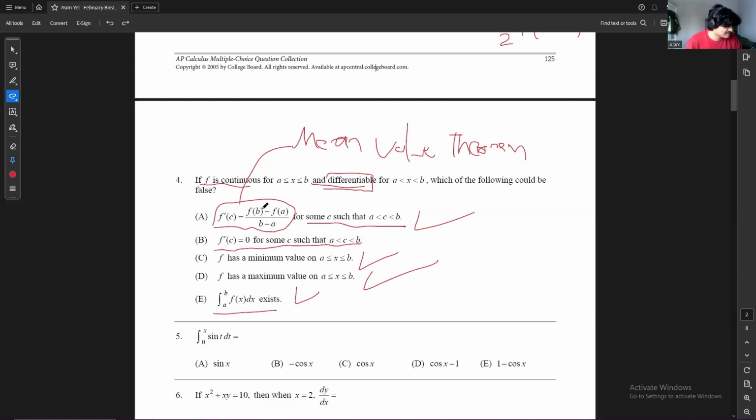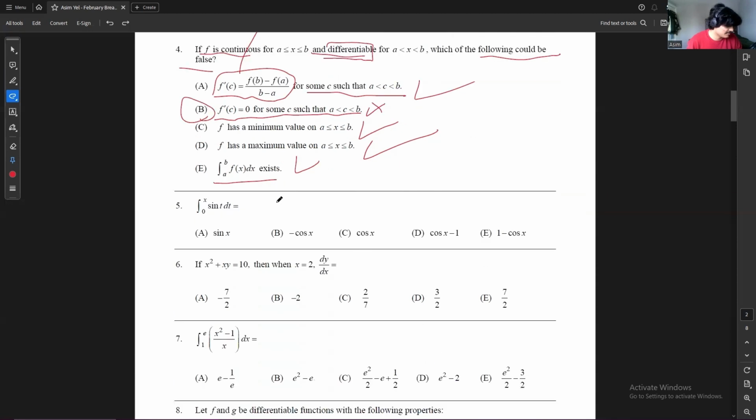So basically, there is no determined information that this has to be true, because the question's asking which could be false. This could be false, but it also could be true in some cases, because they're not stating that this is mandatory, so this is not a 100% true statement.